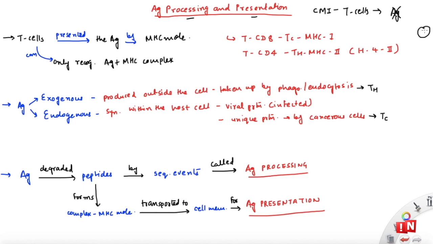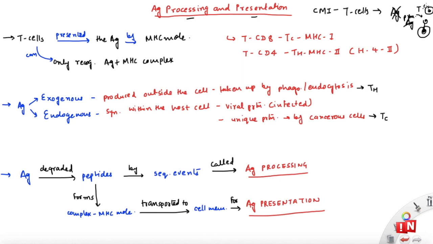So if a cell finds an antigen in the body, it needs to degrade this antigen. Probably this is a protein that we are talking about, so it needs to have a small fragment of this protein, a small peptide, and it will present it to the T cell.